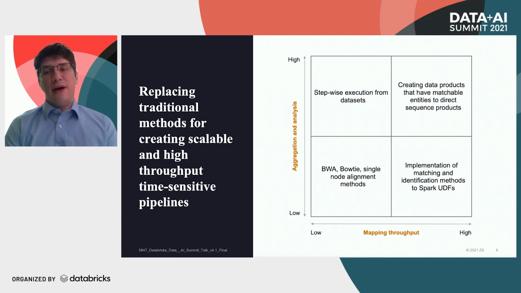To the right, the higher, the better, more modern approach are the implementation of the custom data products, as well as developing different Spark user-defined functions, UDFs, that allow us to do custom analytics like find areas of overlap, differential expression analysis, things that require non-regex-based matching.